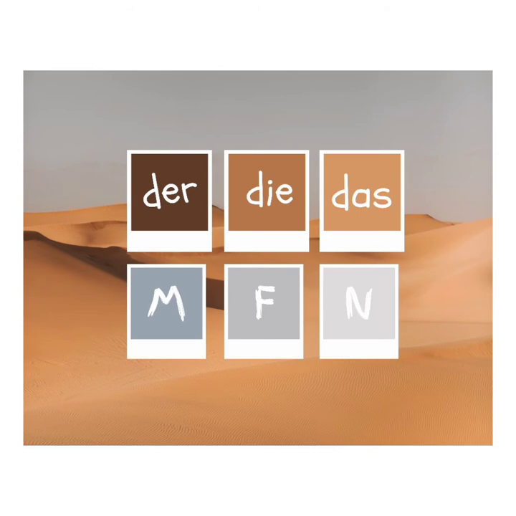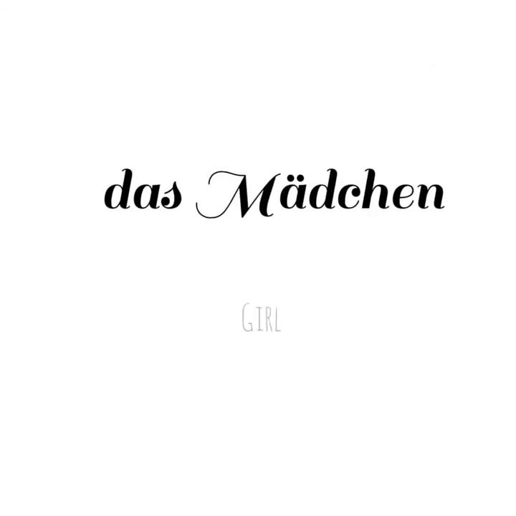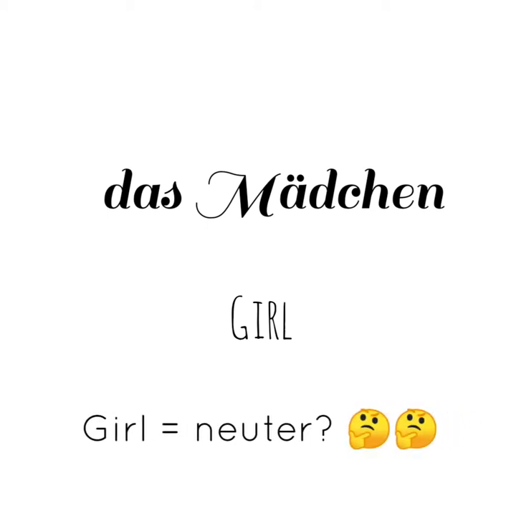It is just the division of nouns in German. Something feminine could be neuter, for example, das Mädchen. Mädchen means girl, but in German it falls under neuter.